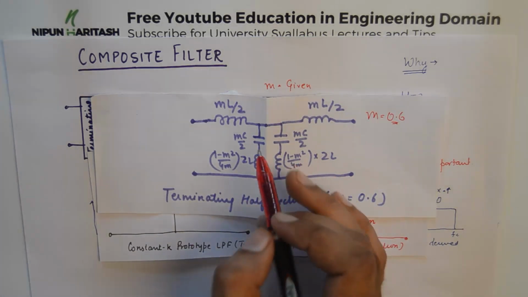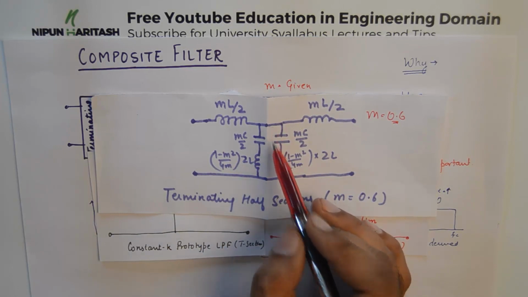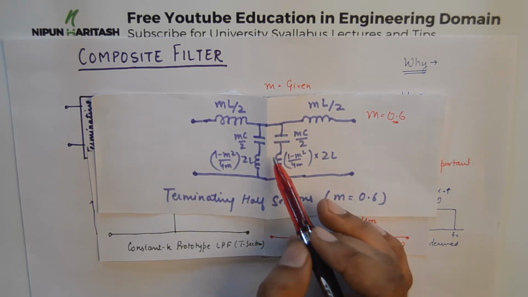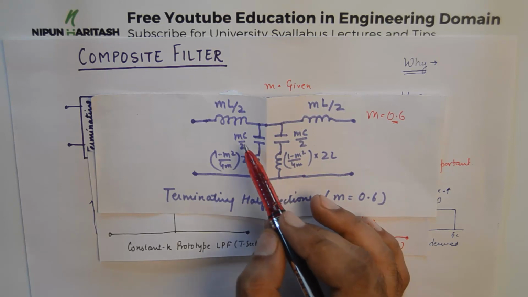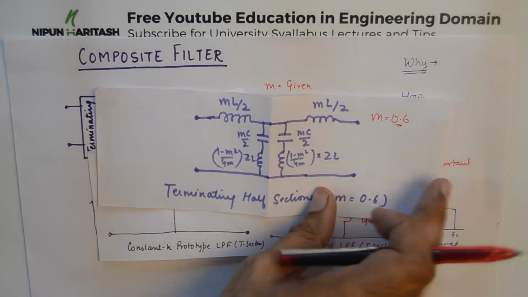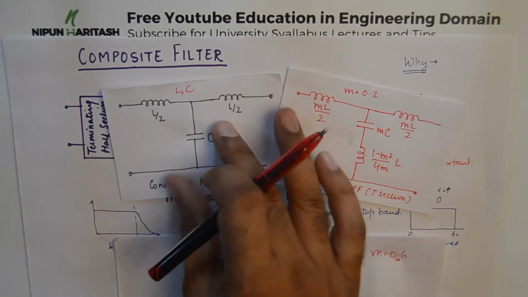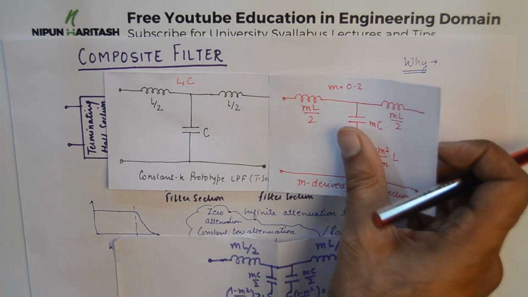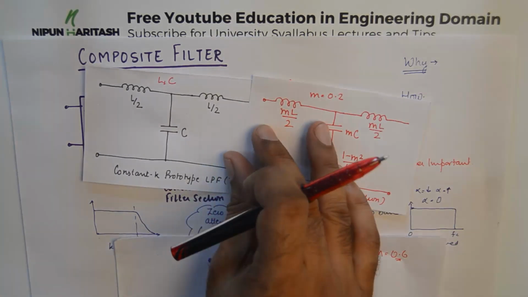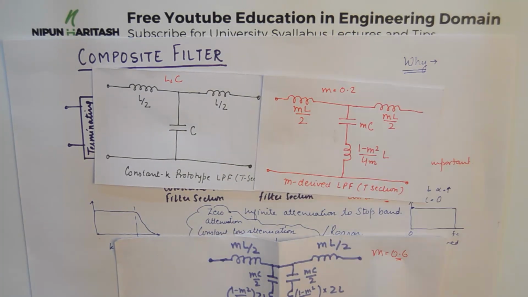And how can you split that? You can simply split the components in the shunt arm like this. Now if you use mC by 2 we'll get mC. So please understand that splitting a T section to form two half sections is pretty easy from an M derived filter.